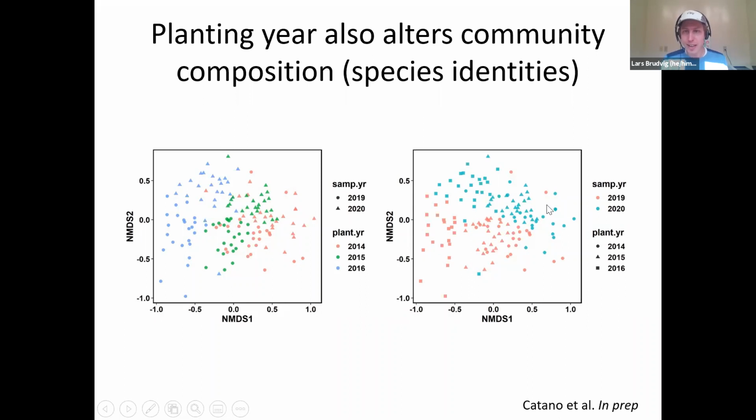So what this suggests to us then is that planting year seems to be mattering for this trajectory of the ways that these reconstructed prairies are assembling over time.